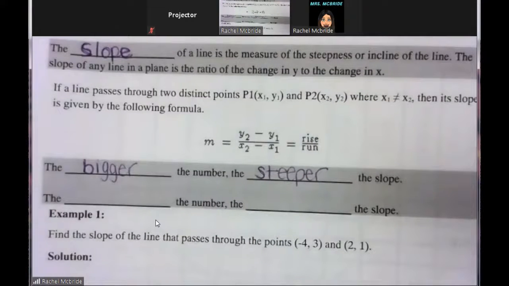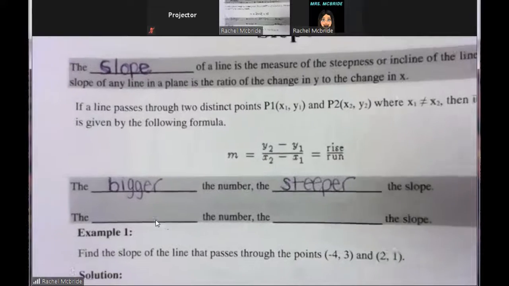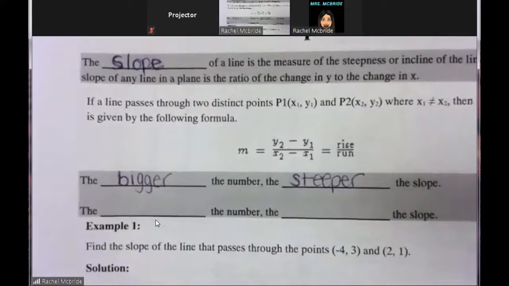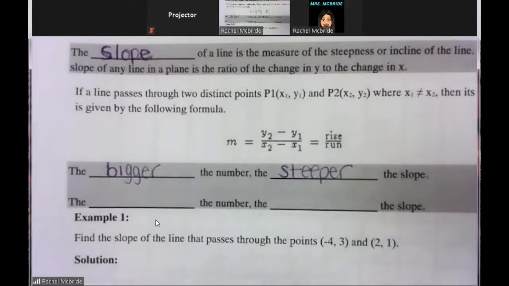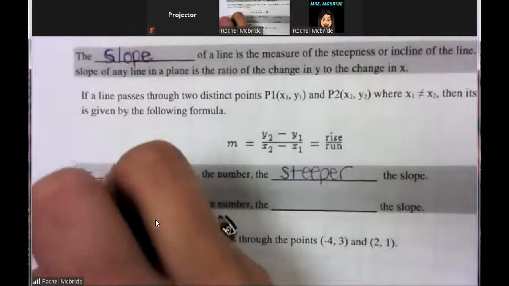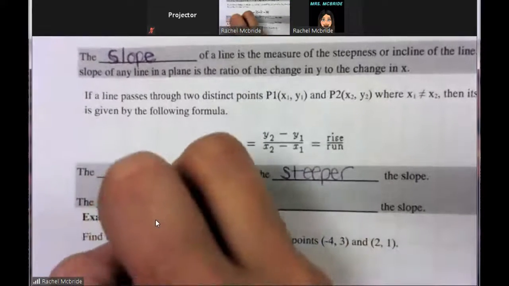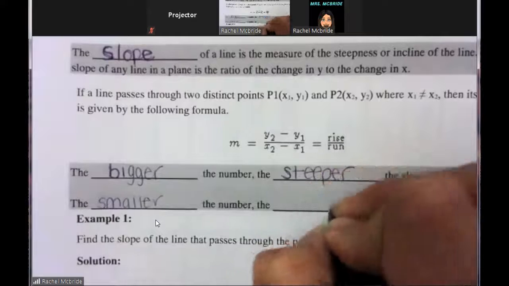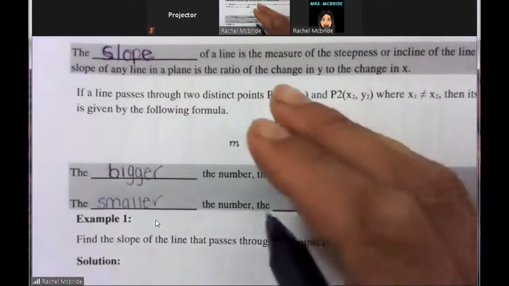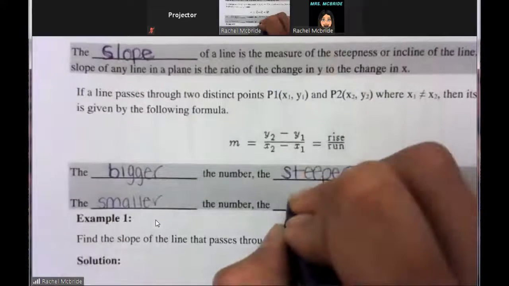So if it's a smaller number or a fraction that is small, then the slope will be less steep or more flat.